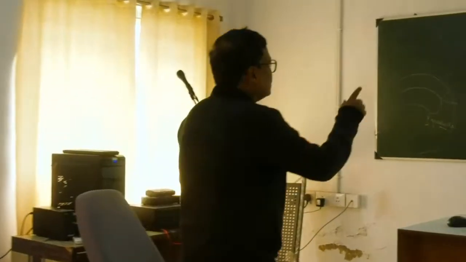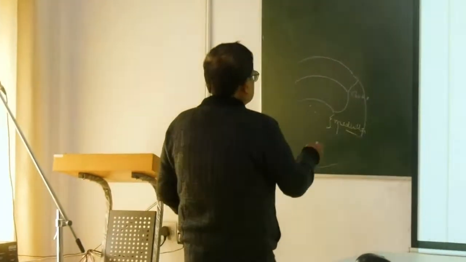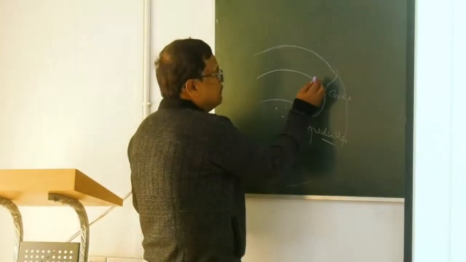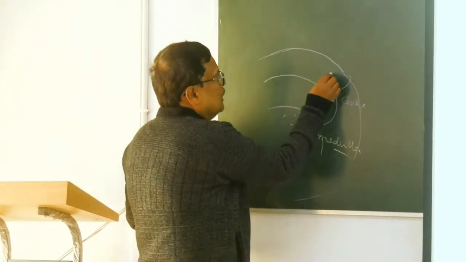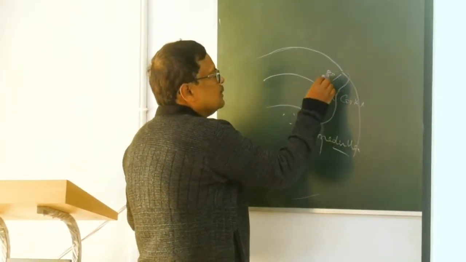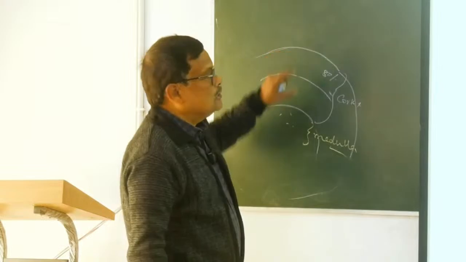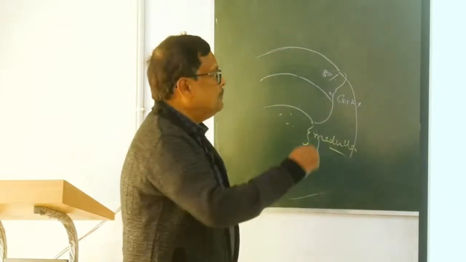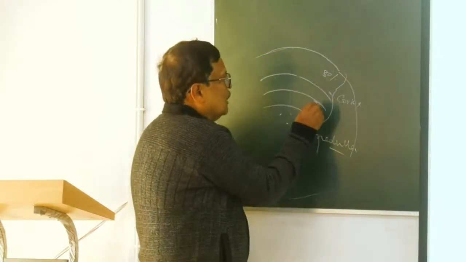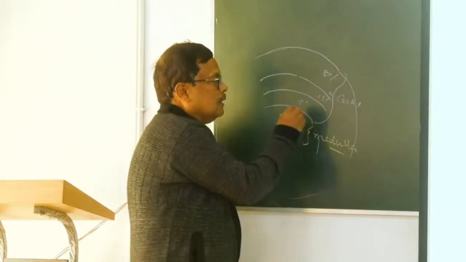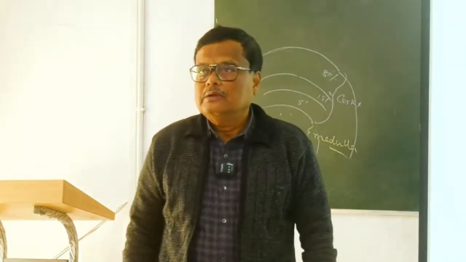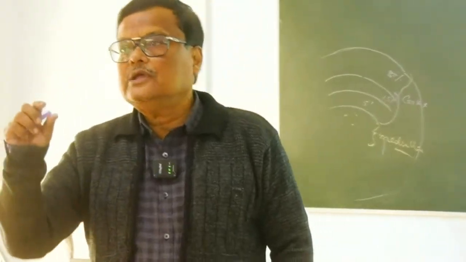So zona glomerulosa is about 80%, 80% of the cortex are zona glomerulosa, then 15% are zona fasciculata, and the last 5% are zona reticularis. They are totally different structurally and in hormonal secretion.